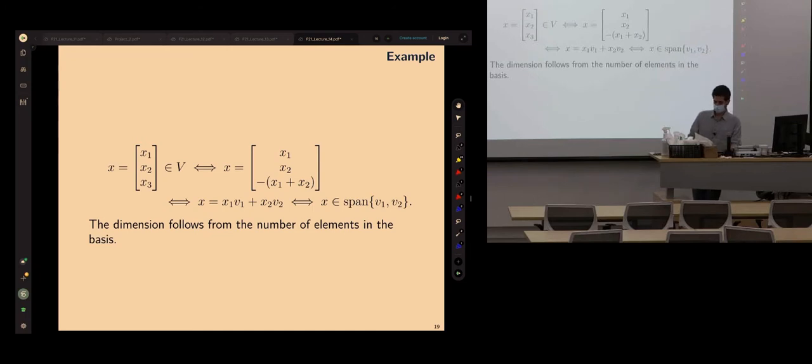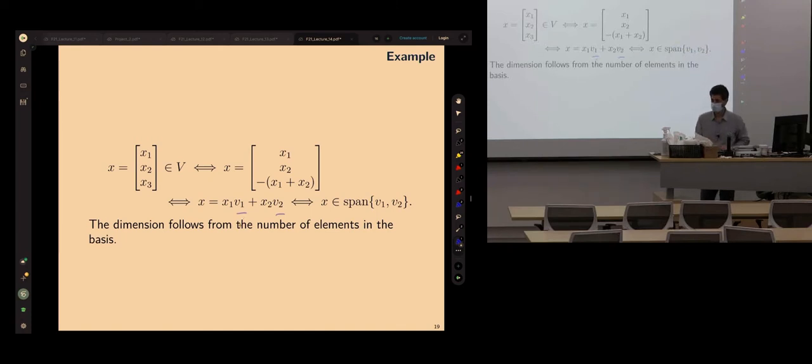So the span of this set is in fact the entire space, because if you pick V1 and V2 that we just confirmed they are in the space, right?